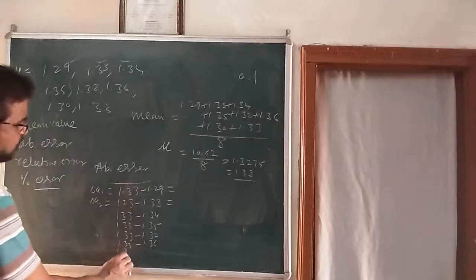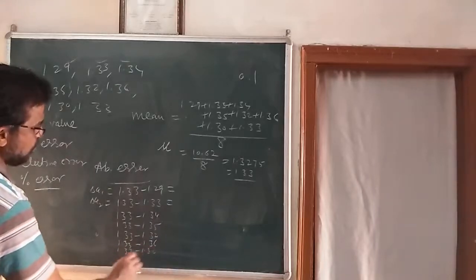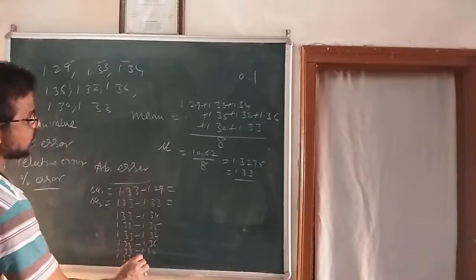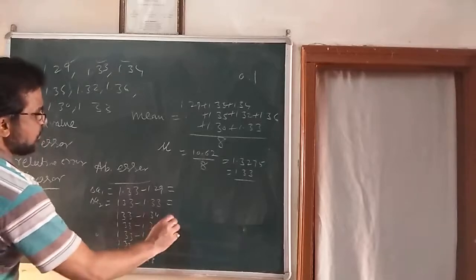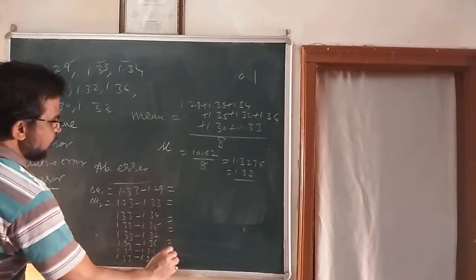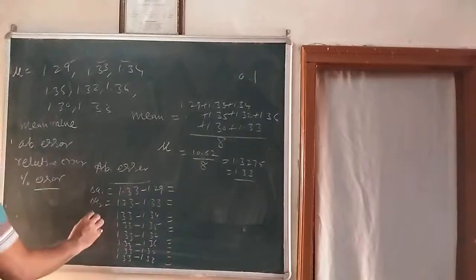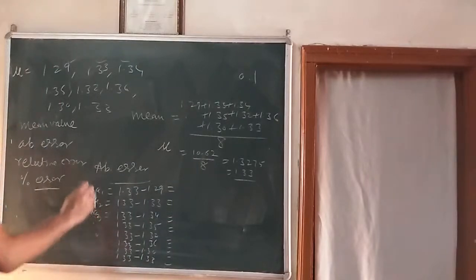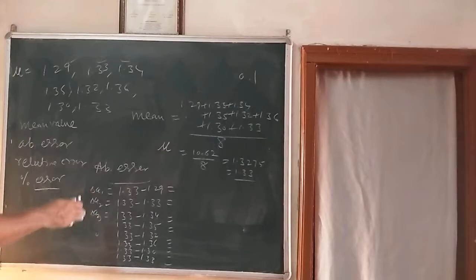Then 1.33 minus 1.30. Then 1.33 minus 1.33. This is the way. Find out all the values, delta A1, delta A2, delta A3, delta A4 like this. So you will get different values.